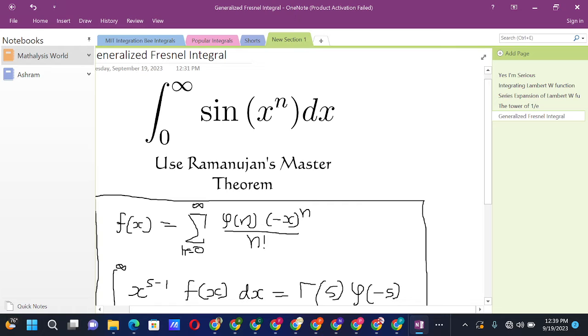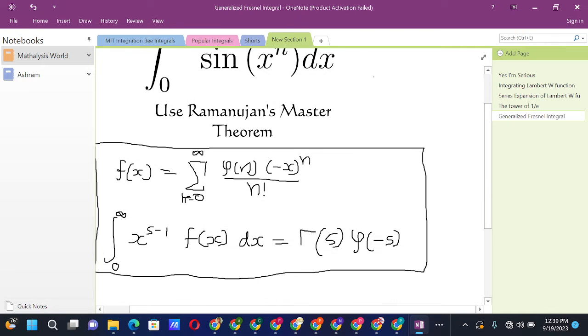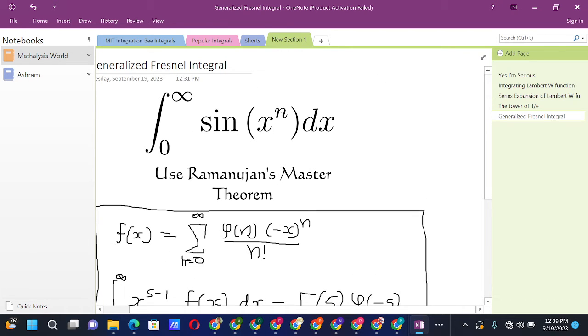For the values, if n equals 1, the sine of x doesn't converge because it just goes on like this, covering equal areas till infinity. So for n equals 1, it doesn't converge.